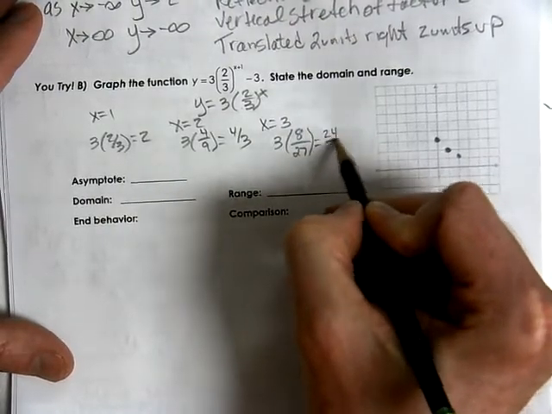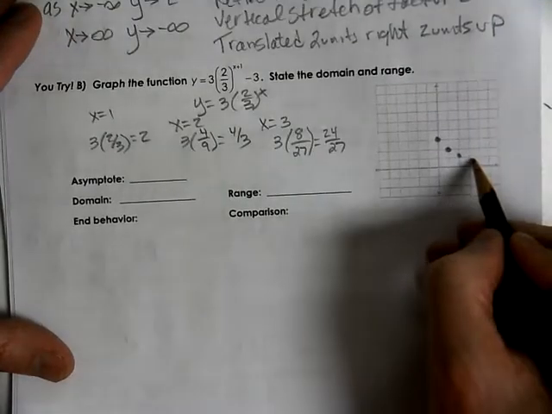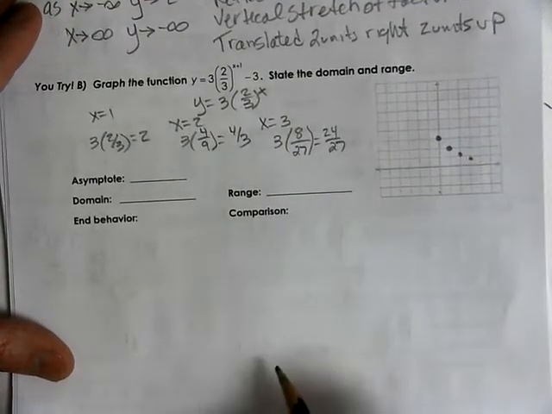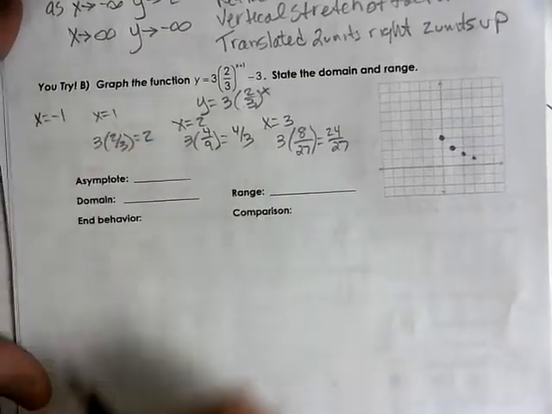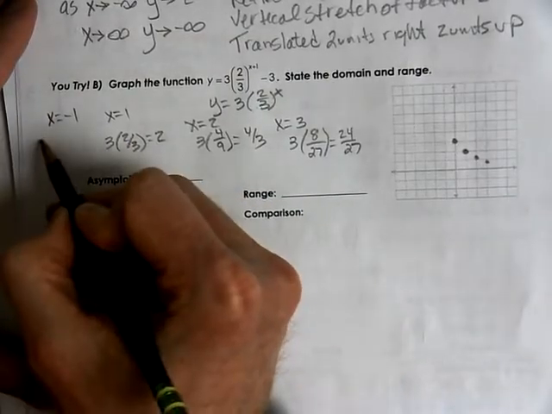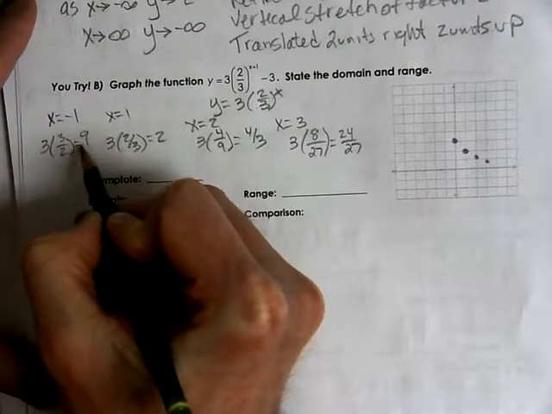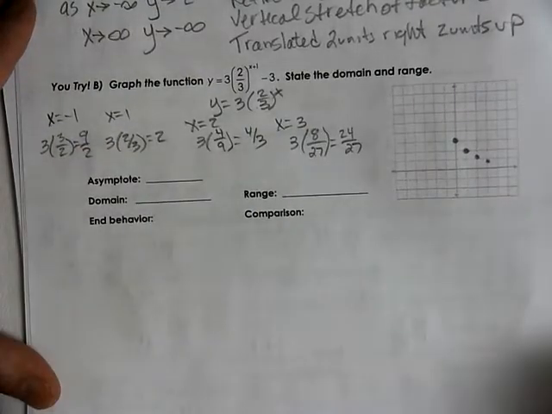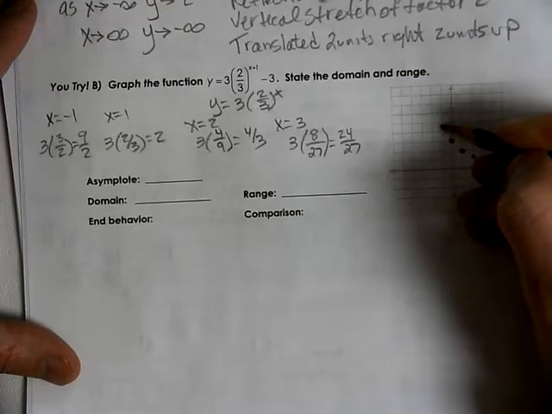So this is 24/27. That's a little bit less than 1. And when we try -1, you would take the reciprocal. So that would be 9/2, which is 4.5.